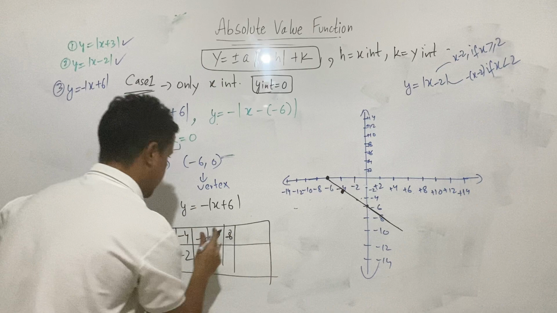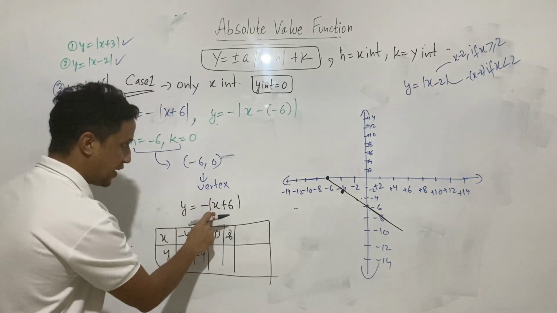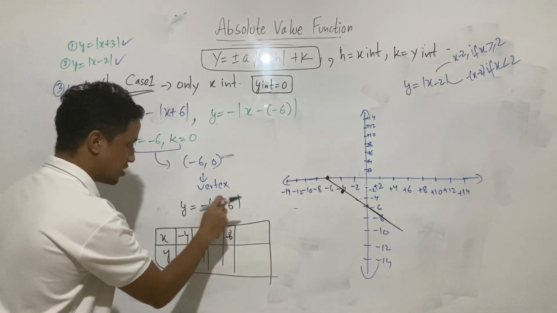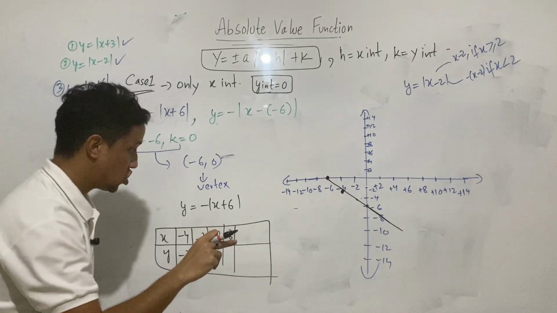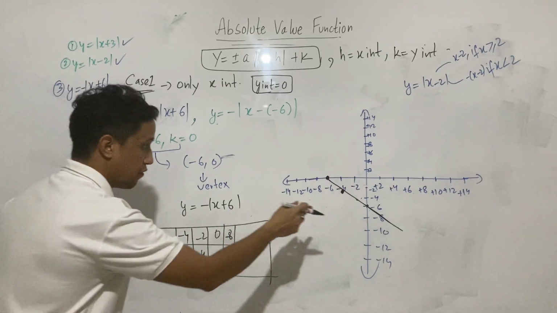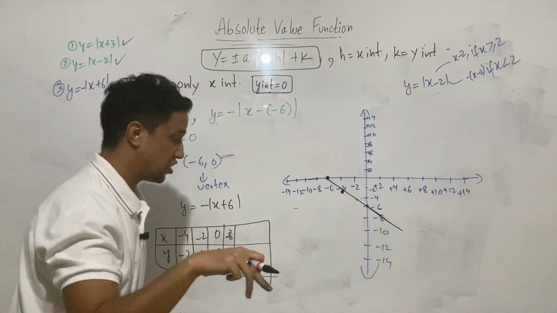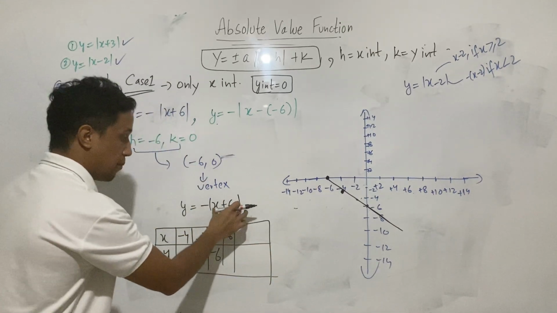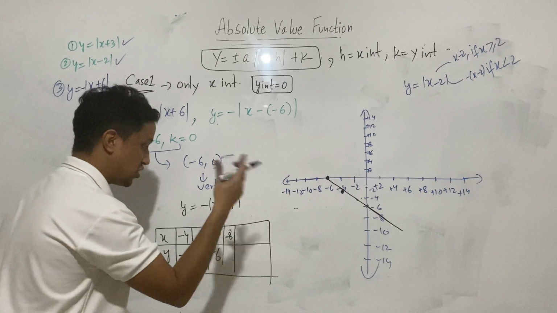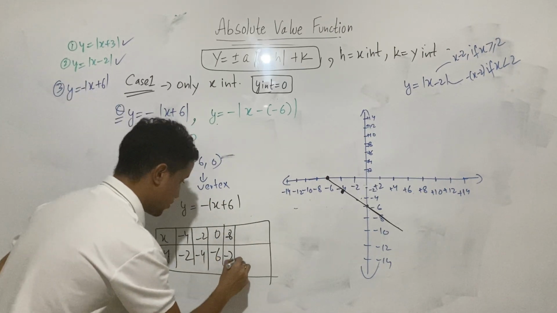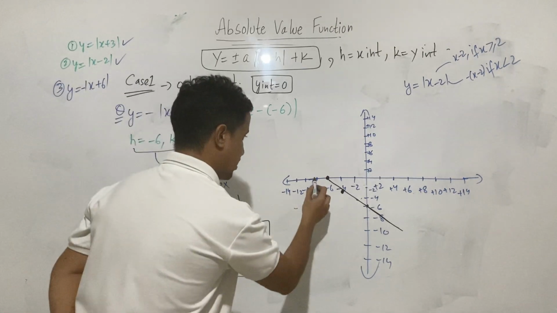Now check for some values here. Minus 8. Minus 8 plus 6 is minus 2, right? The modulus function of minus 2 is 2, but the negative sign is outside, so minus 2. Minus 8, minus 2.